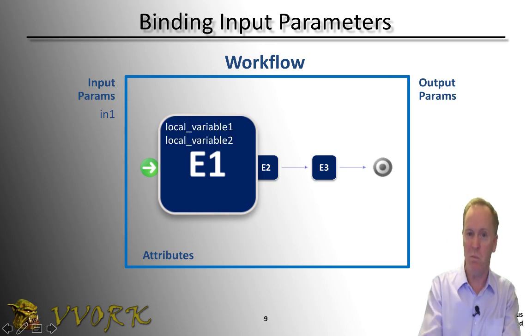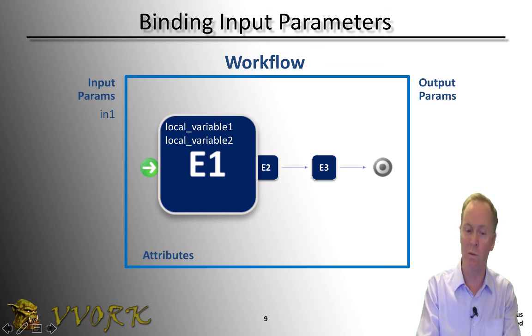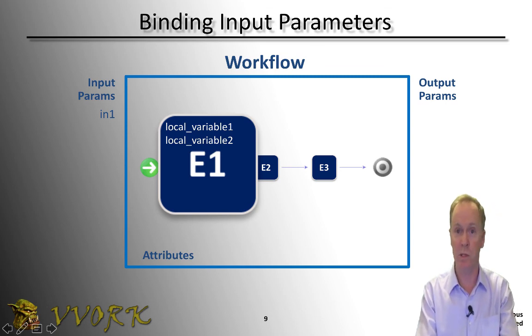So let me pretend to create some variables inside the schema element. Don't worry about how we create them just yet. Just trust me, we've now got two variables in our schema element called local variable 1 and local variable 2.